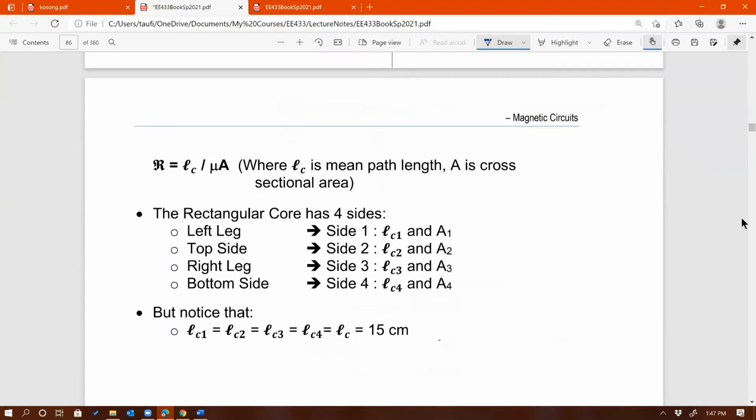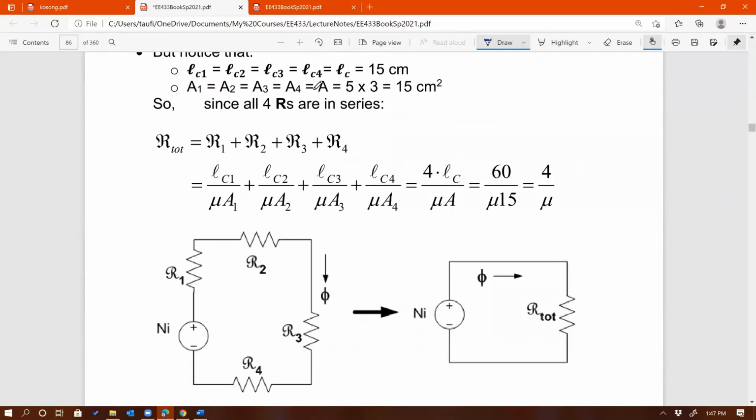Okay, so this is a simple case where the core is symmetrical all around, right? So that's going to make it simpler to calculate the reluctance. So L is going to be equal for all four sides, and let's call it LC, and that's equal to 15 centimeters. Cross-sectional area, E5 by 3. Is that correct?